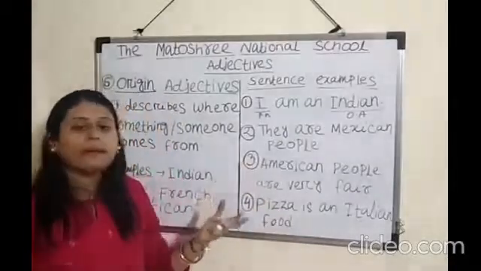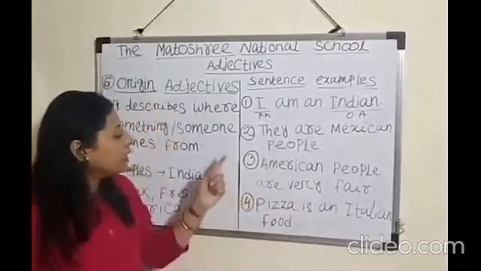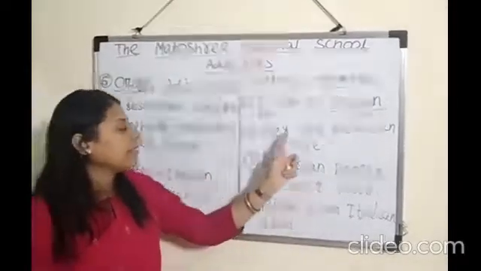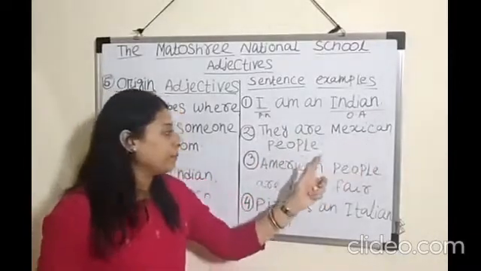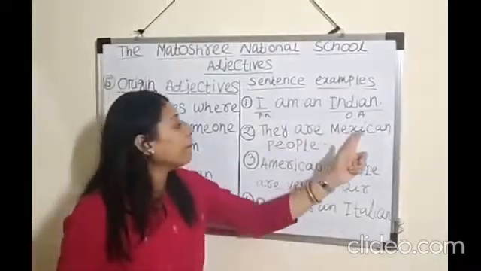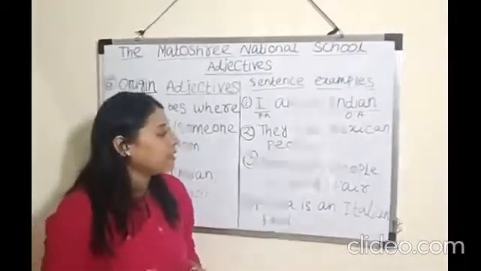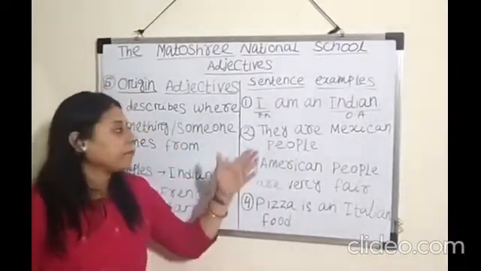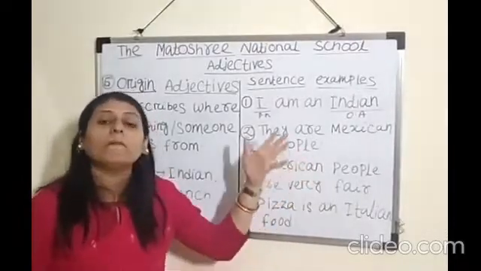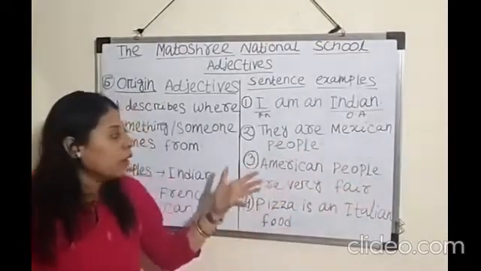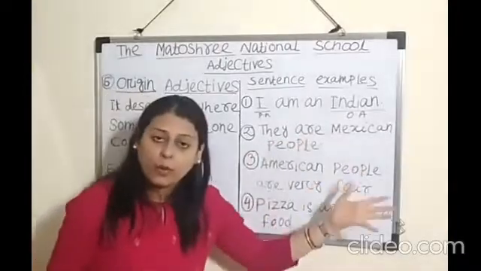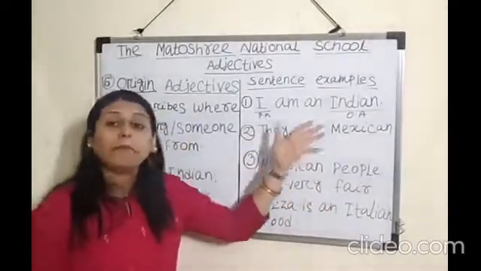Now, the second sentence. They are Mexican people. The people who come from Mexico are called Mexican people. The people who belong to Mexico are called Mexican people.